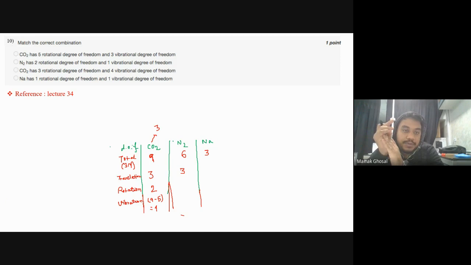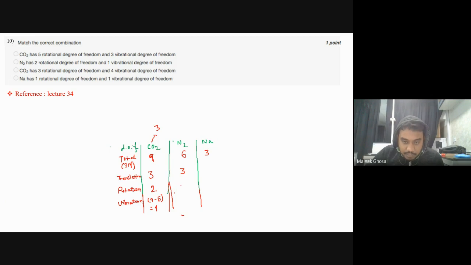Now, what should be the rotational degrees of freedom for nitrogen? Since nitrogen is a diatomic molecule, its rotation will be just like CO2. CO2 is a linear triatomic molecule, all the atoms reside on a single line, and nitrogen is a homonuclear diatomic molecule, so these 2 nitrogen atoms will also be in line.